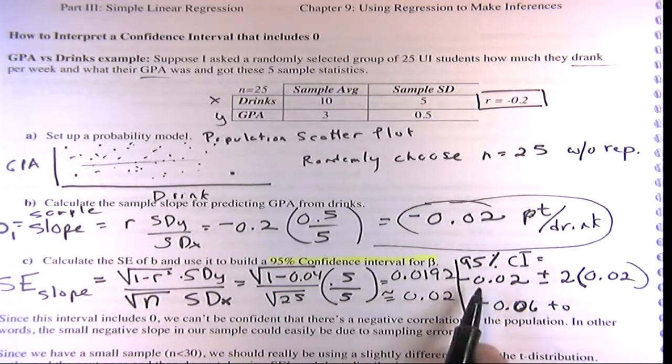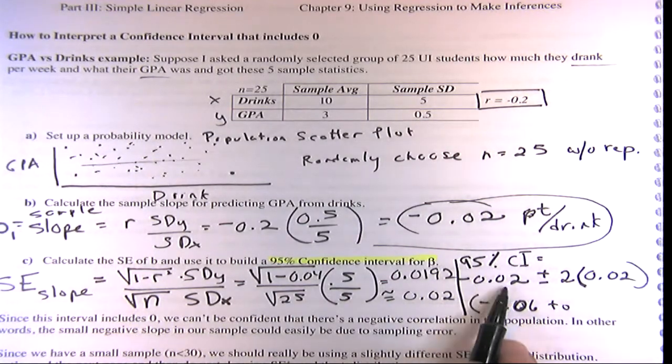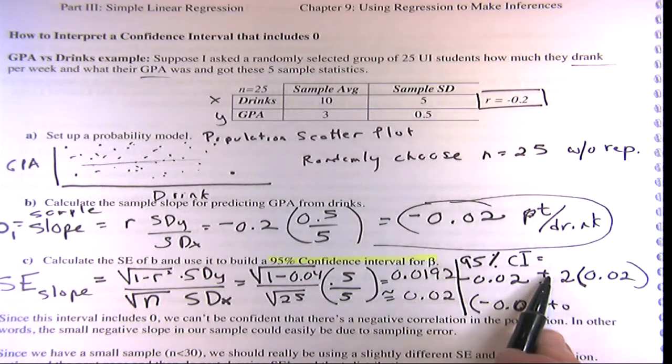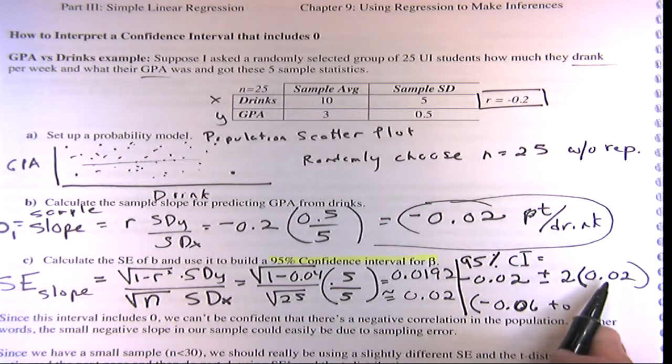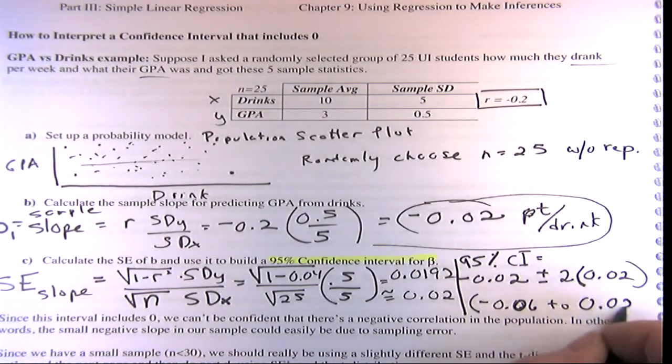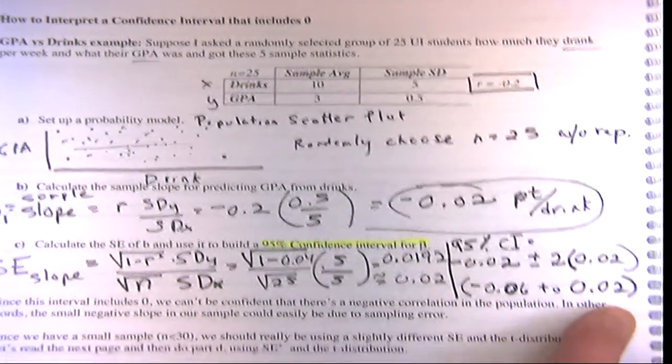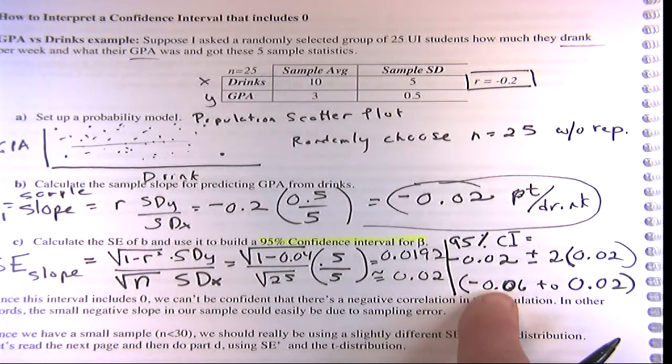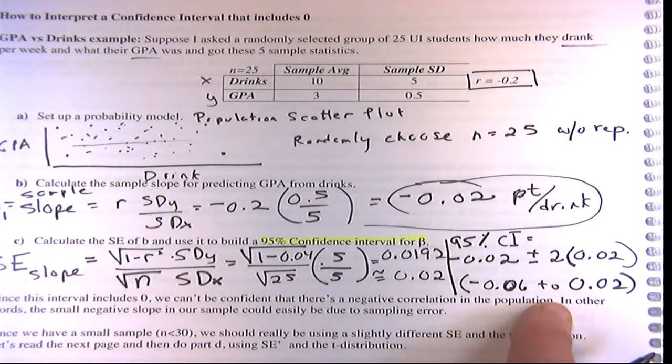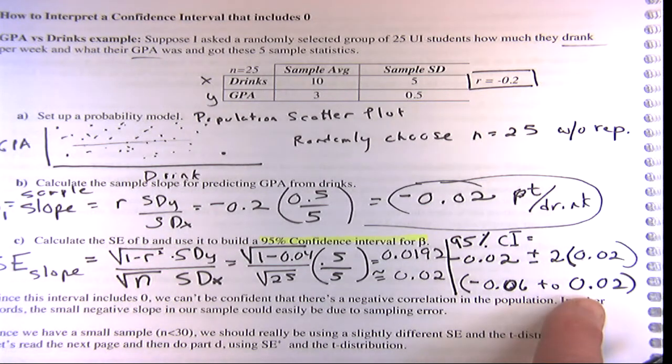And our upper range would be negative 0.02 plus 0.04, so it would be 0.02. All right, so we're 95% sure that if we sampled all 28,000 students or polled them all, the slope would be in this range.